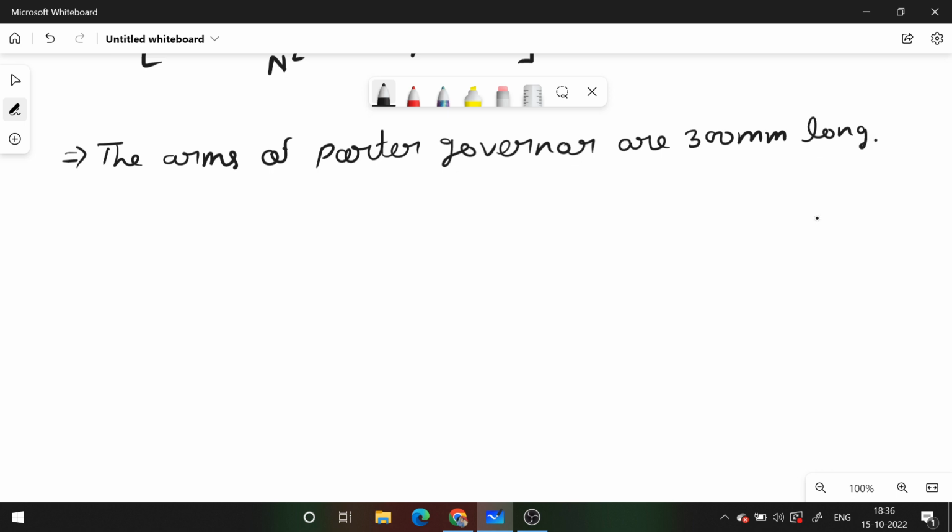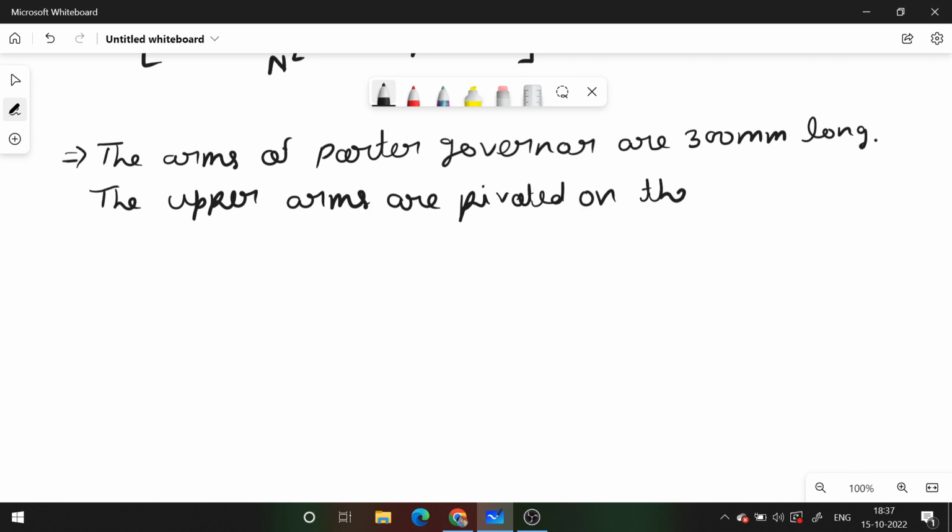The upper arms are pivoted on the axis of rotation.